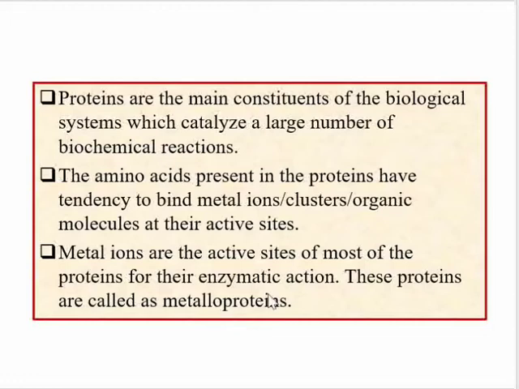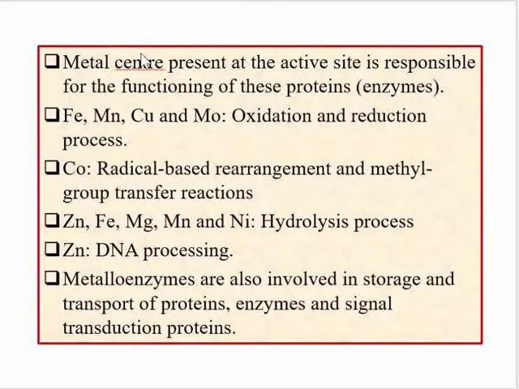These proteins are called metalloproteins because they have the metal center as their active site. And the metal center present in the active site of the metalloprotein is responsible for various functions of these proteins. So these proteins are active due to the presence of the metal center in their active sites.